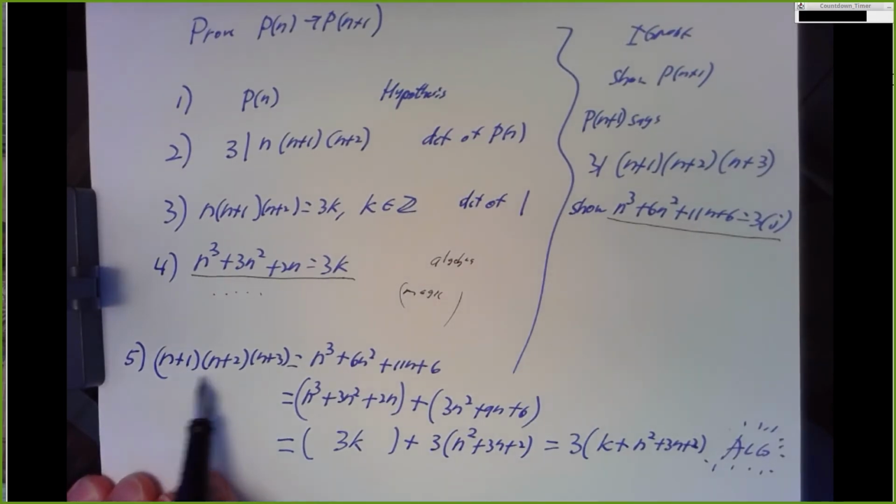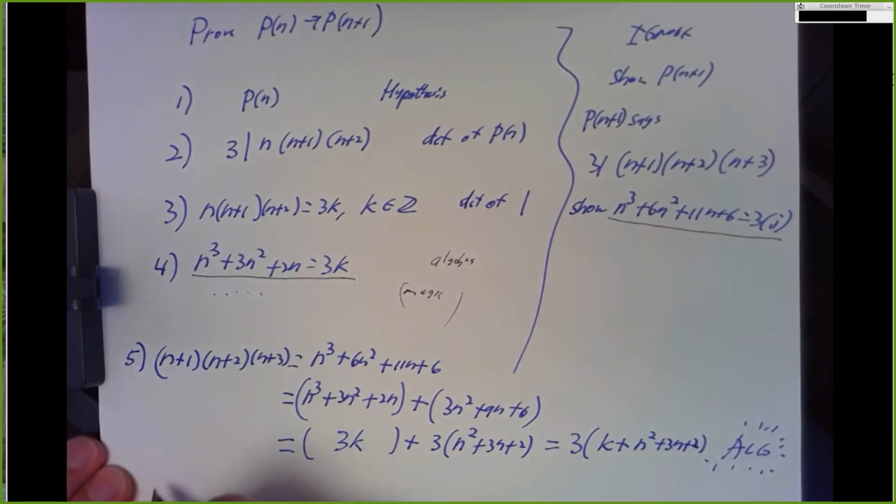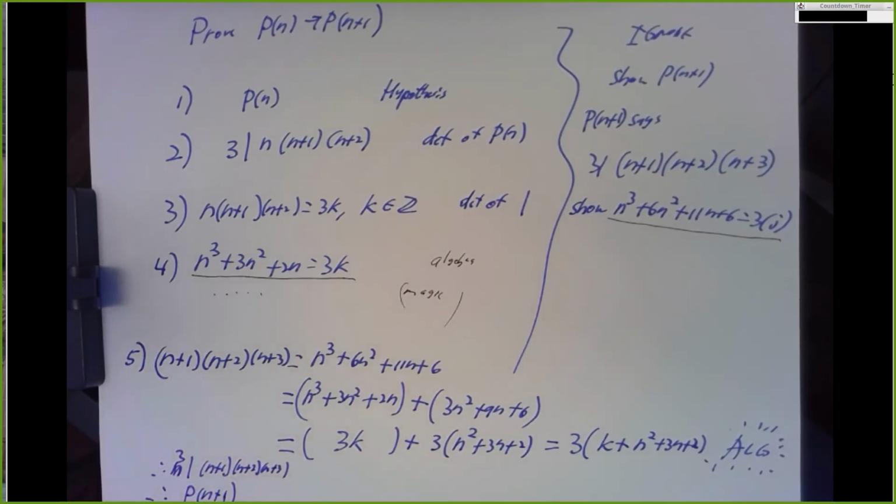We showed that this n plus 1 times n plus 2 times n plus 3 is equal to 3 times an integer. So therefore 3 divides n plus 1, n plus 2, n plus 3. Therefore, p of n plus 1. Therefore, p of n for all n bigger than or equal to 1, mathematical induction, QED.